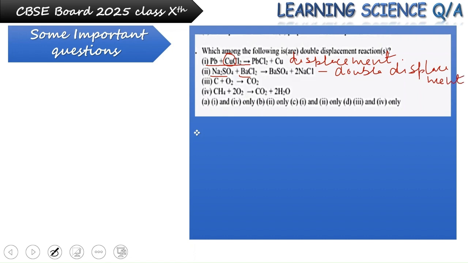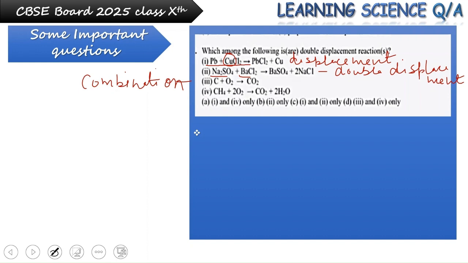The next reaction says carbon combining with oxygen forming carbon dioxide. This is a simple example of combination reaction, or you can say this is a simple reaction which is combining two reactants to form carbon dioxide.